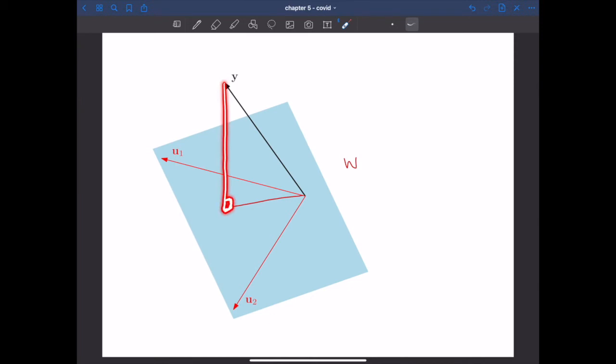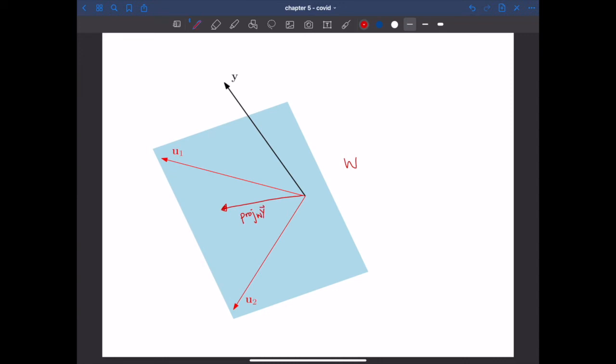And if we do that, then the place where the line intersects the plane is going to be this red vector here. And that's the vector that gets as close as possible to y inside the plane. So we call this vector the projection vector of y onto the subspace W.